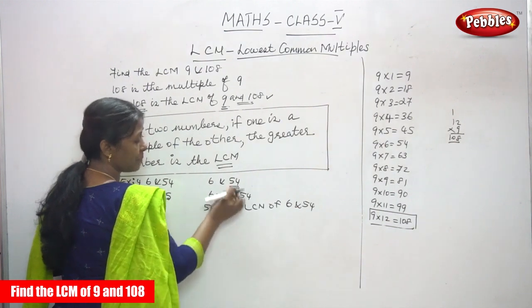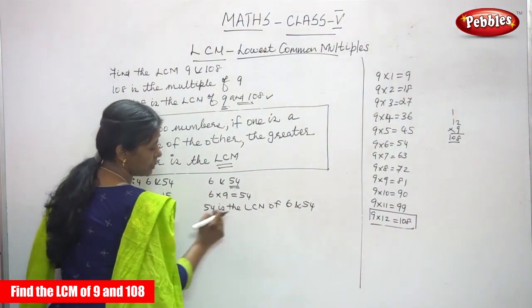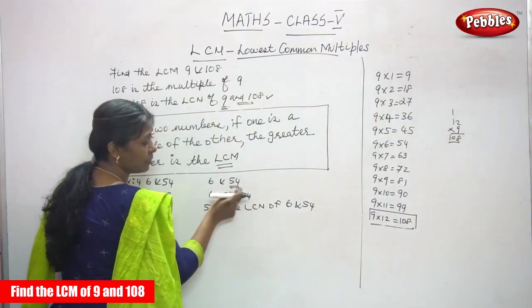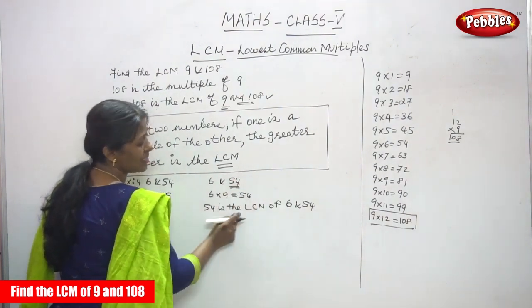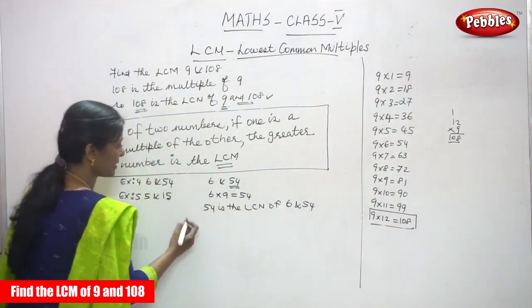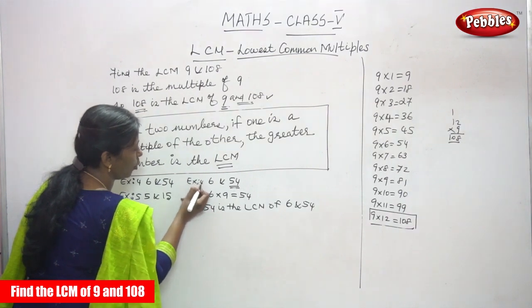So the greater number is the LCM of these two numbers. From these two, which is the greater number? 54 is the greater number. So 54 is the LCM of 6 and 54. Next example.